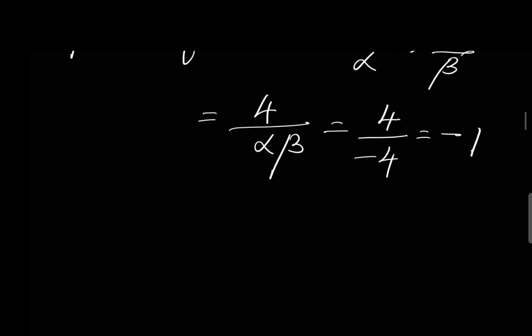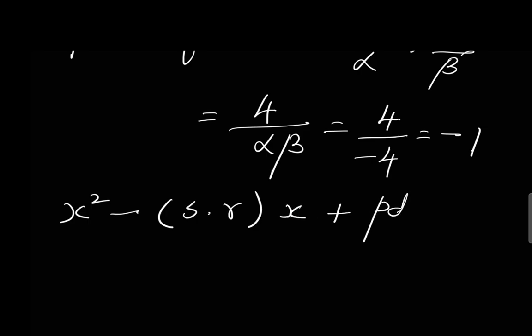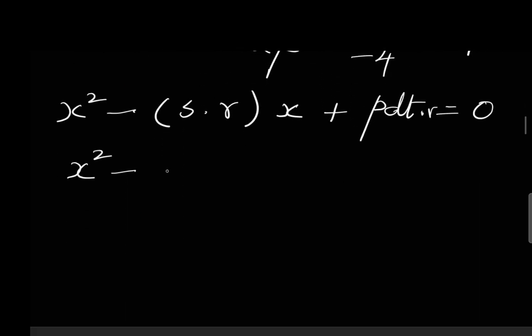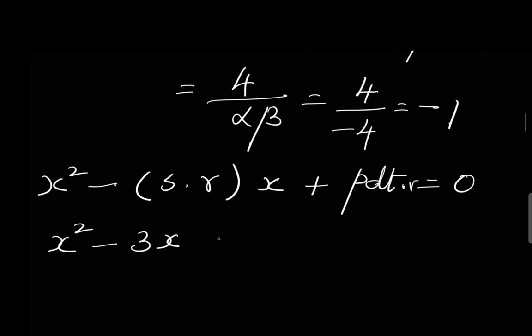So product of the roots is minus 1. So the equation is x squared minus sum of the roots, that is your x coefficient, plus product of the roots, that is constant, is equal to 0. So x squared minus the sum you have got, 3, so minus 3x. Product of the roots is minus 1, so minus 1 is equal to 0. This is the required equation.